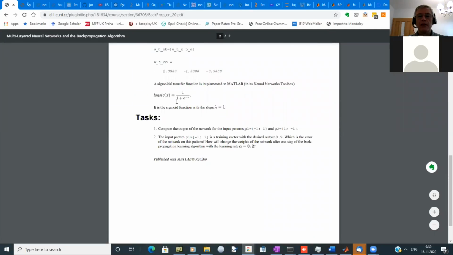It's 1 divided by 1 plus e to the power minus x. Actually, what's missing here?